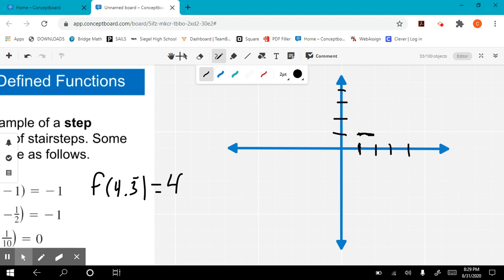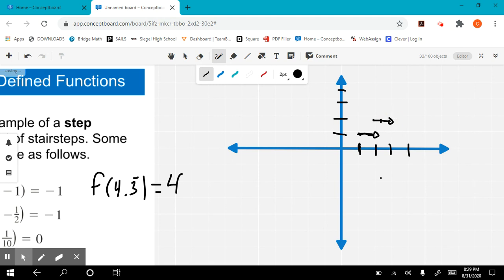Now, once I get to 2, this line goes all the way up to 2, so I have to leave an open circle. And then at 2, it turns into the y value of 2. 2.5 is going to be 2, I drop off the 0.5, and 2.9999 all the way up to there. So I have a line that starts right there and goes to 3, an open circle.